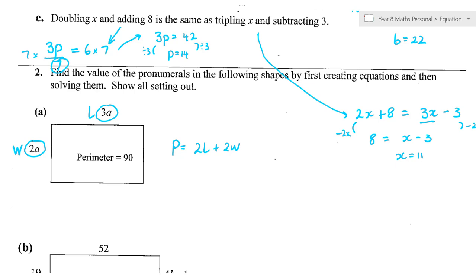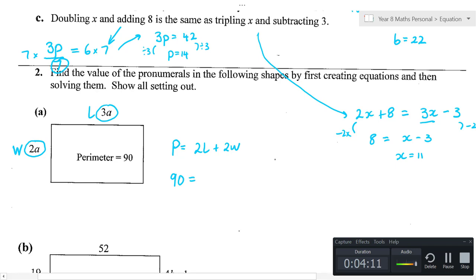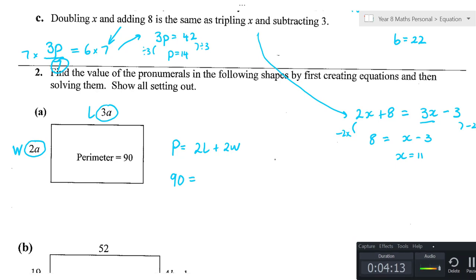So why don't we do this? The perimeter, which is 90, is equal to 2 times the length, which is 2 times... Now, be careful. I'm going to get you to use brackets here. 2 times 3a is the length, and then the width is 2 times 2a.